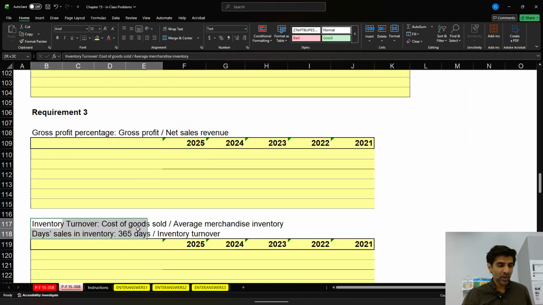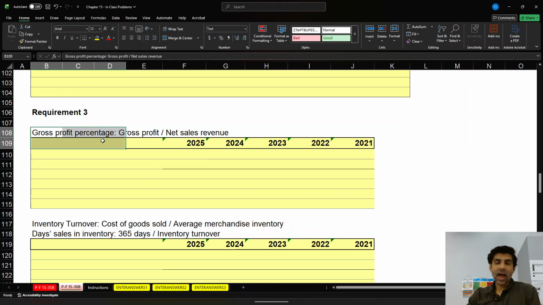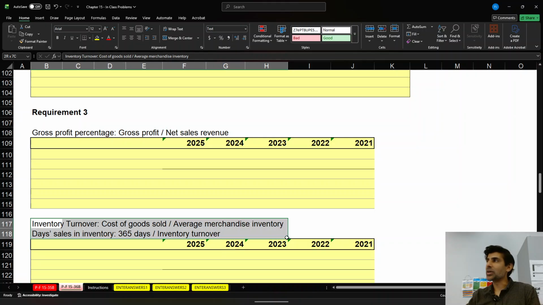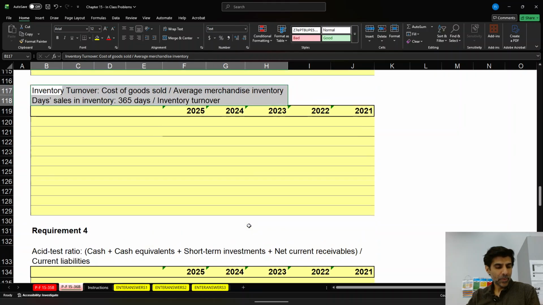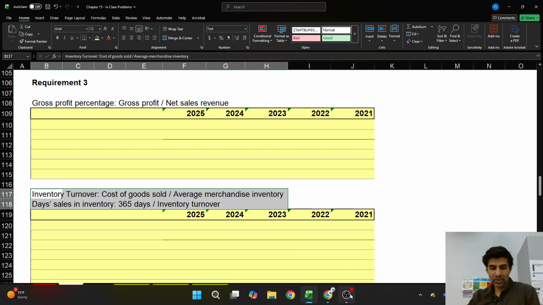Remember, these two in combination are going to determine how profitable our merchandising operations are, right? The spread that you buy low, sell high, which is this gross margin, and then how many times you can rotate. That's this inventory turnover. So these are now operational metrics for our merchandising business. Okay, so spend a minute or two and do those, and then we'll continue.